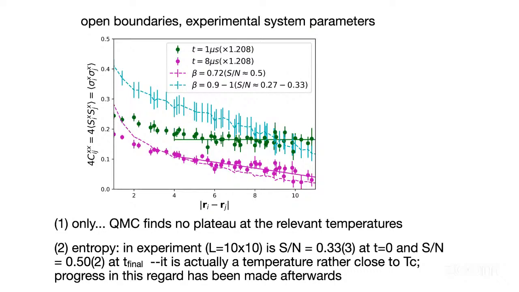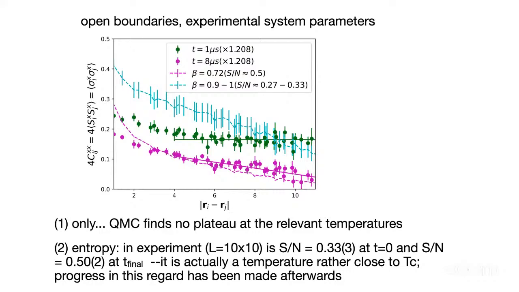The most surprising thing, however, is if I try to simulate experiment as well as I can with open boundary conditions. I take the 10 by 10 system from experiment. I make an estimate for what the initial entropy would be based on defects in the configuration. And then, the best case is that the temperature should be of the order of 1.